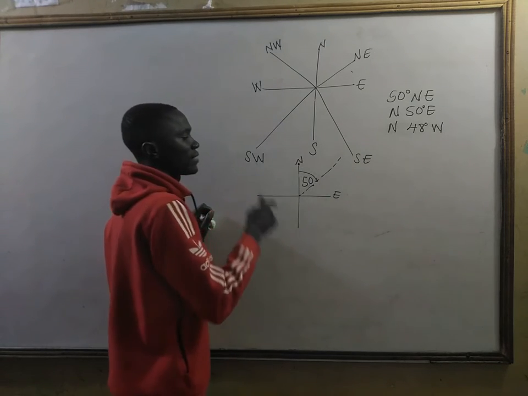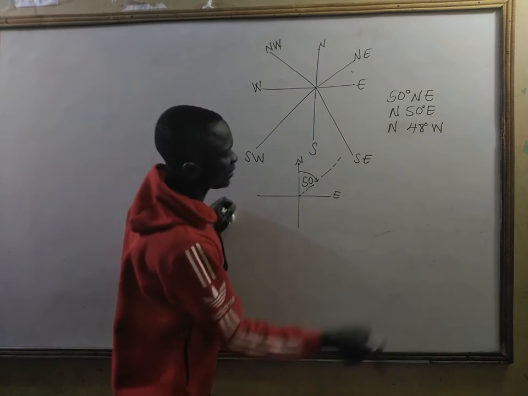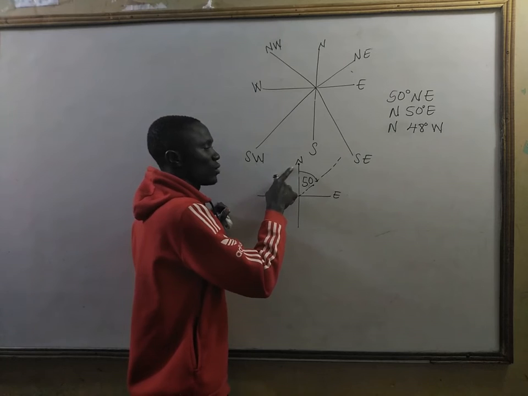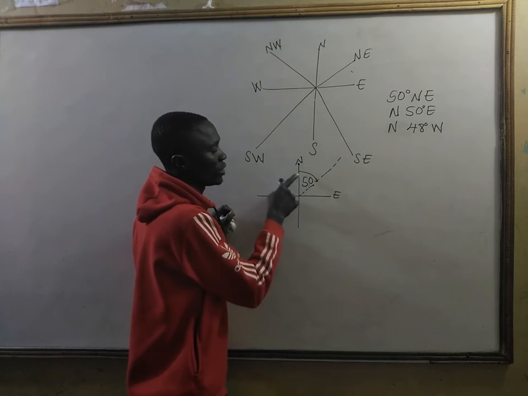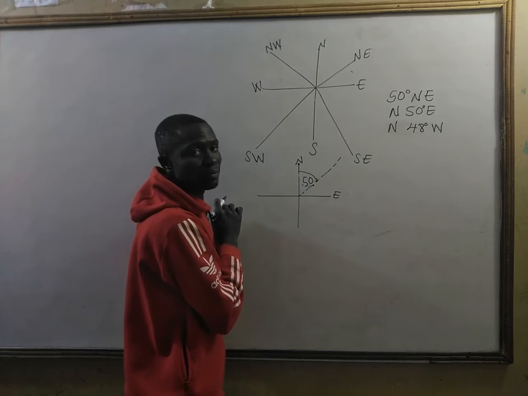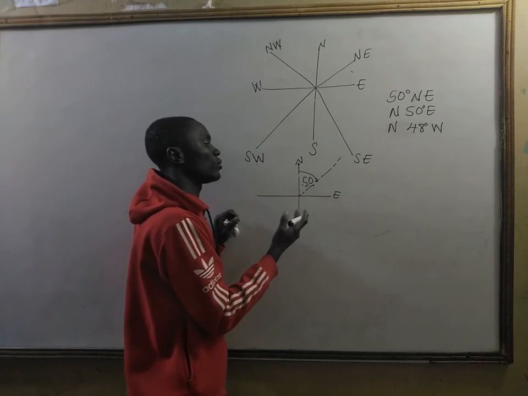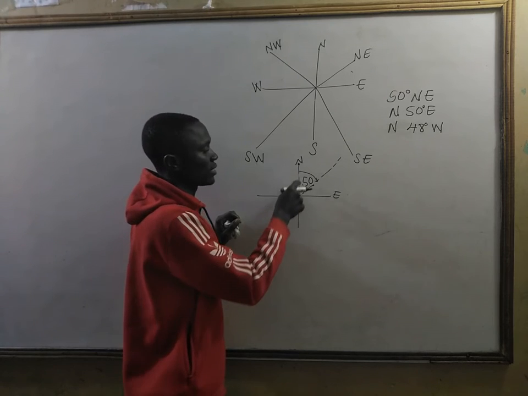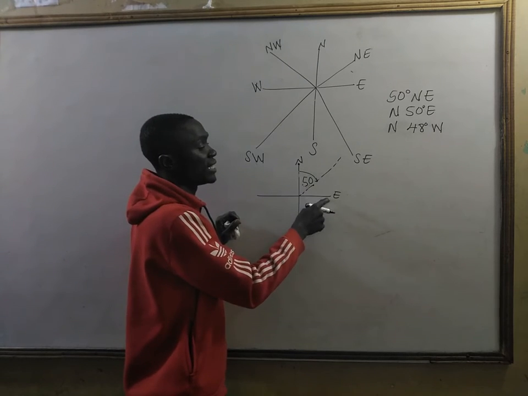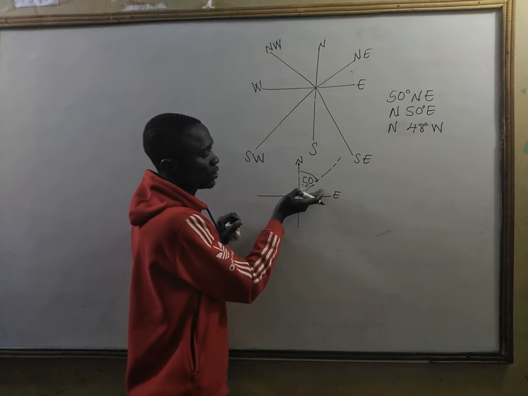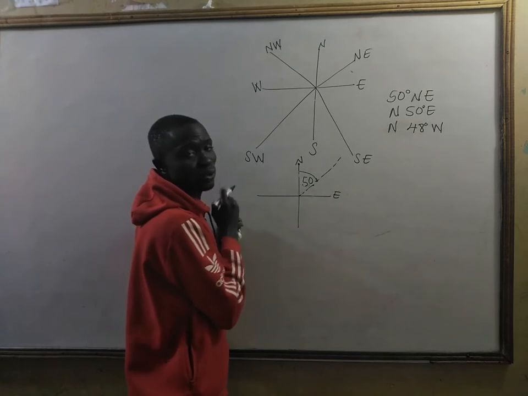Stand at north and measure 50 degrees to the east. You know that from here to here is 90. So if this place is 50, then it should be bigger than the angle here, so your diagram should be realistic.